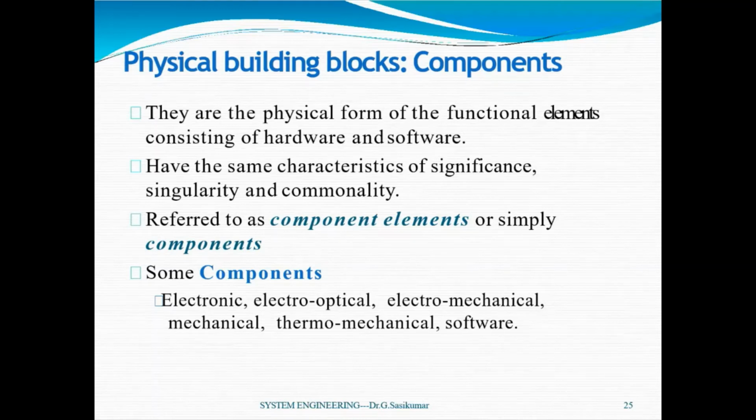These three concepts are very important for all the components you are having, referred to as component elements or simply component. And some components are electronic, electrooptical, electromechanical, mechanical, thermomechanical, and software. So these are some other components which exist in different fields. In our field, we use hardware and software as a component.